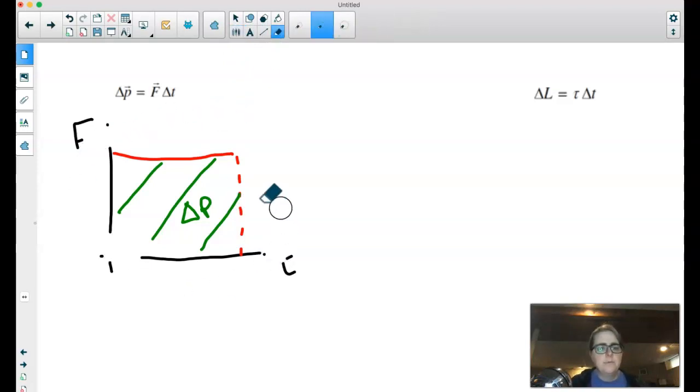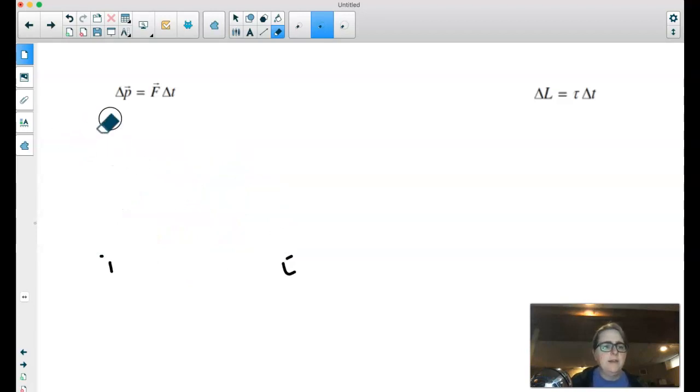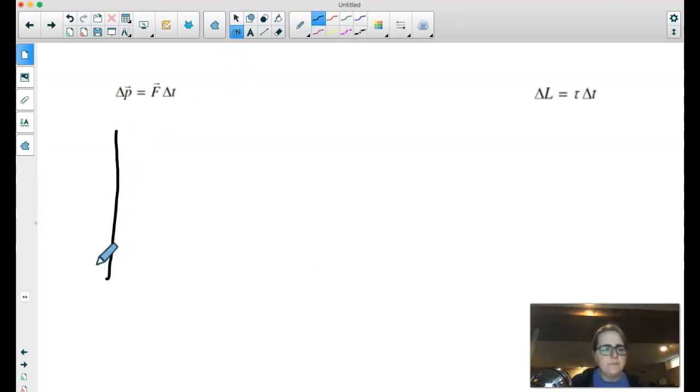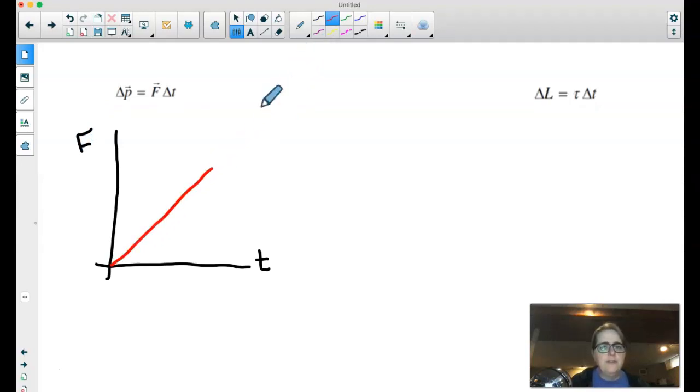And then we were able to use that to deal with situations where we don't have a constant force. This formula we have assumes the force is constant, but if we have some situation where the force is increasing or decreasing or otherwise changing, we can still sketch that graph. And as long as you can find the area of this graph, so for example, the area of this triangle instead of just doing force times time, you would get the change in momentum.